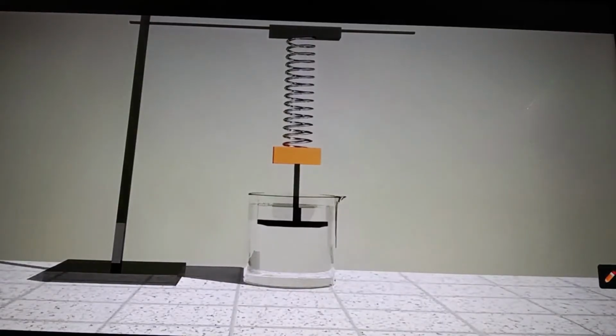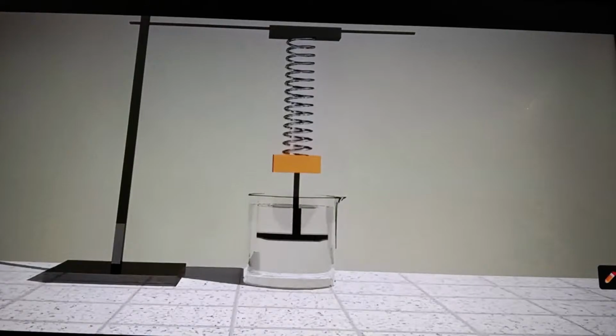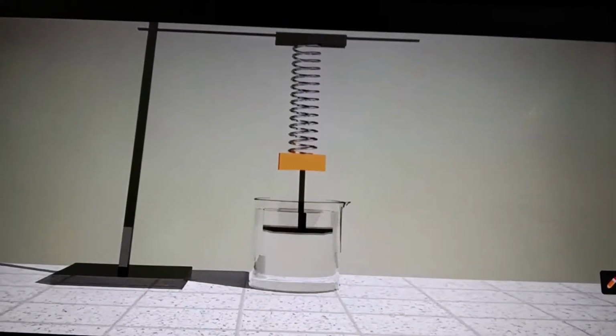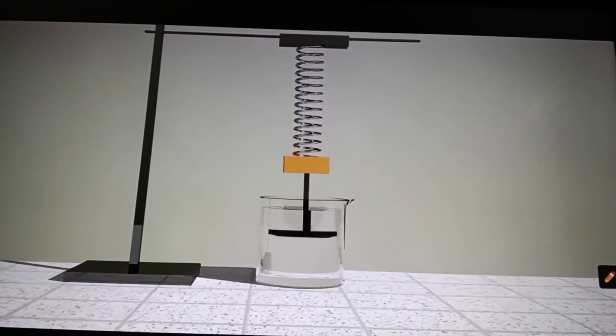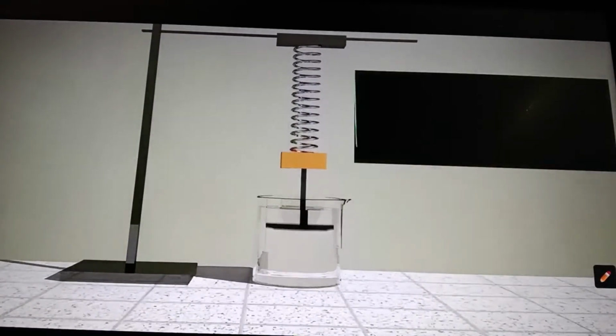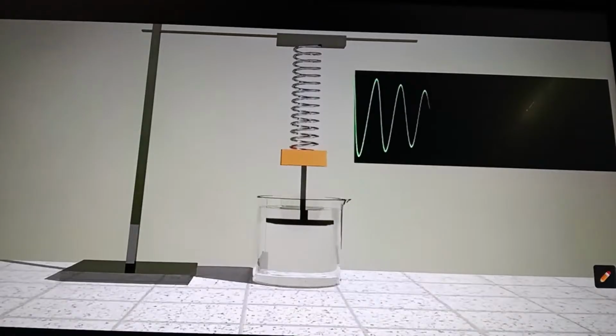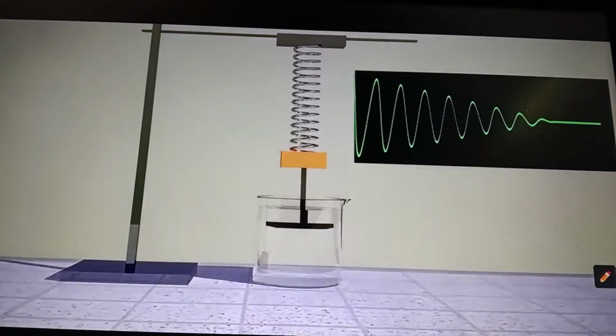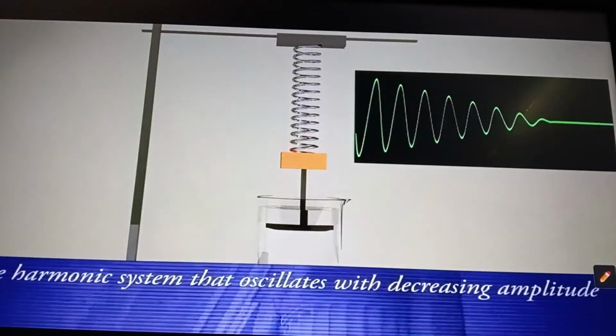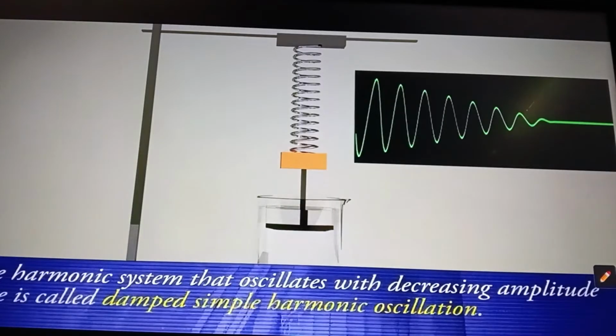A vane is connected with the block, which remains submerged in water as shown. You will notice that as the block oscillates up and down, the displacement on the graph reduces with time. Thus, a simple harmonic system that oscillates with decreasing amplitude with time is called damped simple harmonic oscillation.